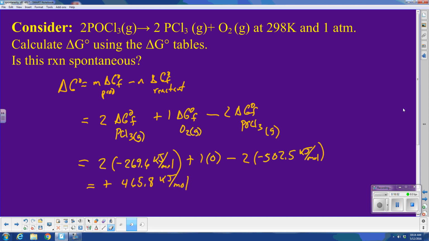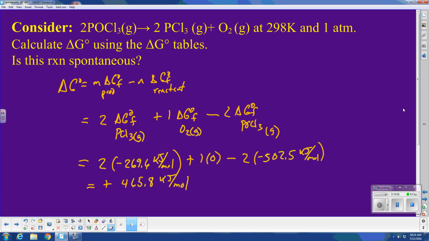Let's make sure I did that right. So 2 times 269.6 equals negative. That's a negative 500. Minus 2 times 502.5 negative, and that whole thing's going to be positive.